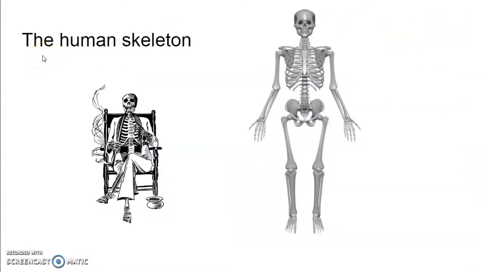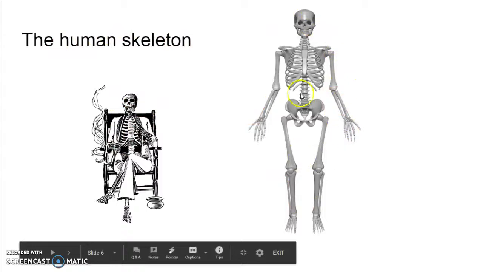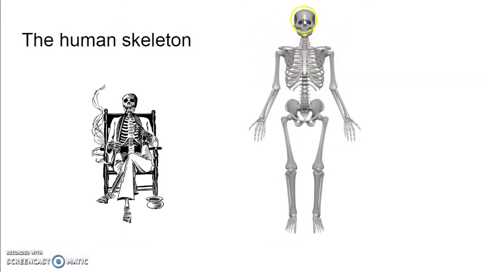This is the skeleton of a human being. We took this lesson in the first semester. As you remember, the skull, ribs, hips. And as we remember, it gives us the shape.